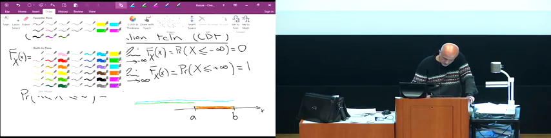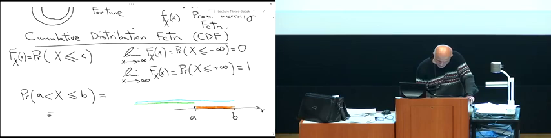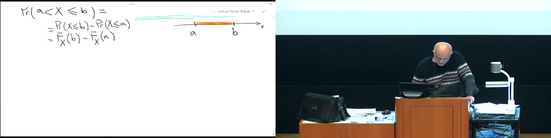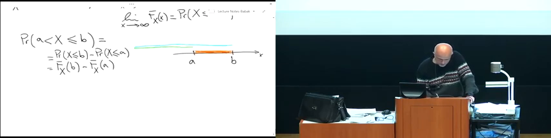So this is the probability that x is less than or equal to b minus the probability that x is less than or equal to a. Well, this is exactly F_X of b minus F_X of a. So what we have is that the probability that a is less than x, less than or equal to b, is the difference of these two.